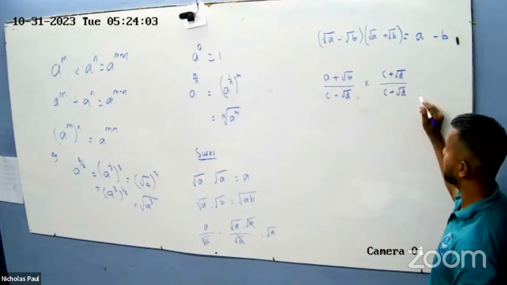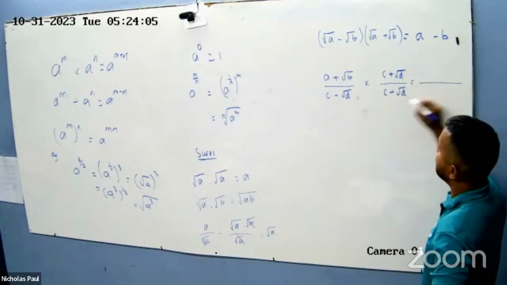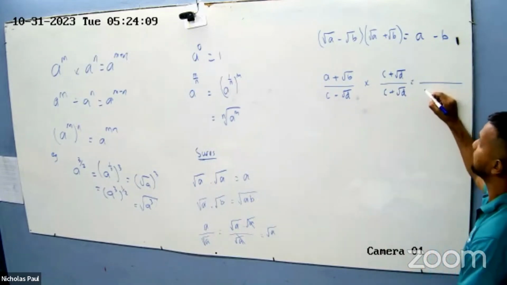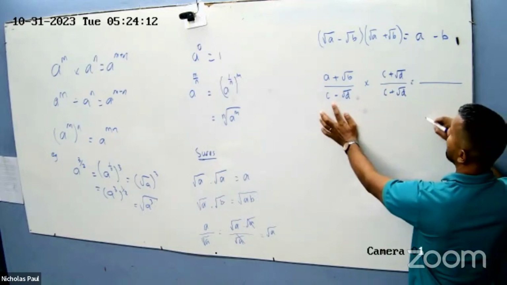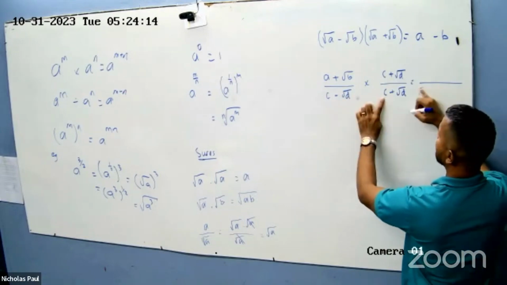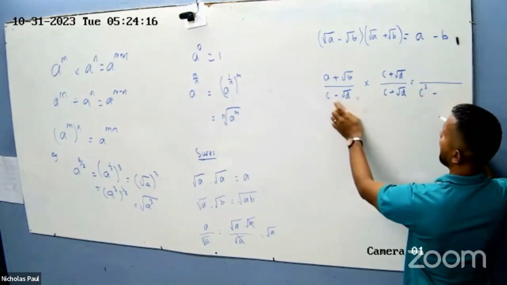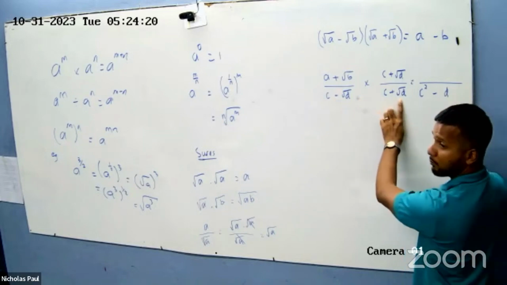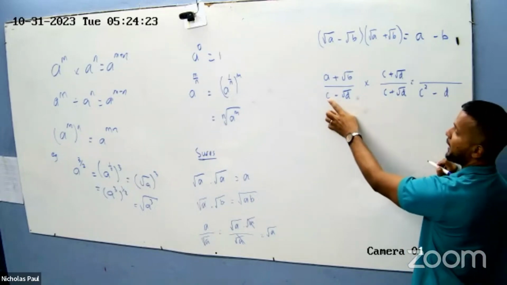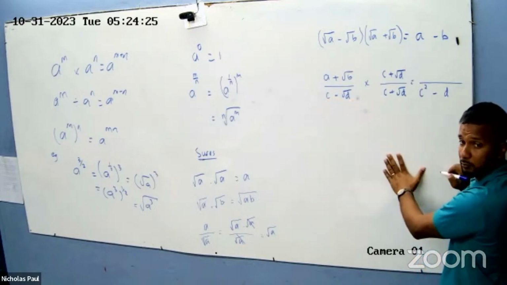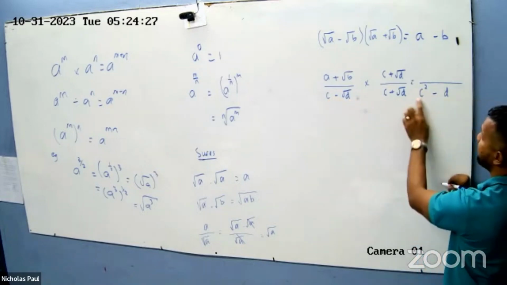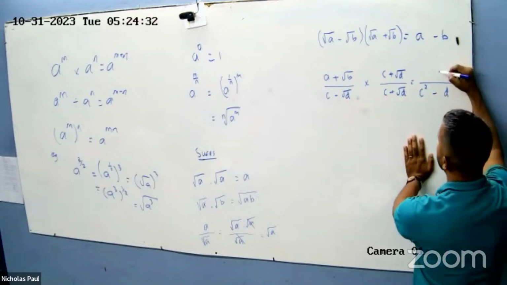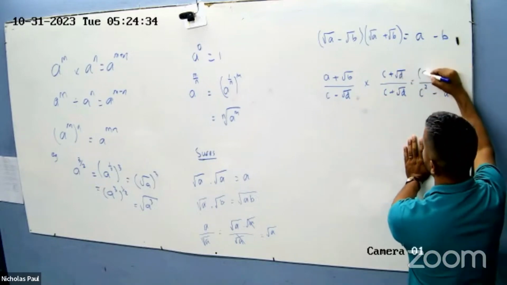Look at the denominator: c minus root d times c plus root d is what? It will be c by c, which is c squared, minus root d by root d, which is d. So it's always this squared minus this squared, and this is something real. There are no more surds. And then the numerator, well, we have to work that out.